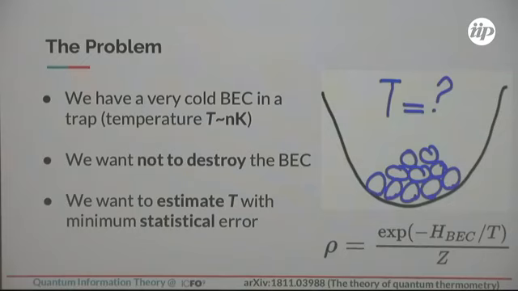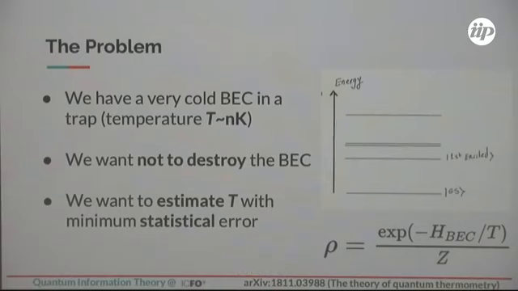Just to let you know that in temperature estimation, unlike probably other parameter estimations, the statistical error is actually the main source of error that matters. Probably even more than the systematic error. And why is that?